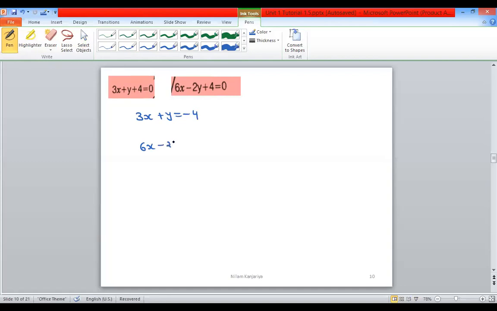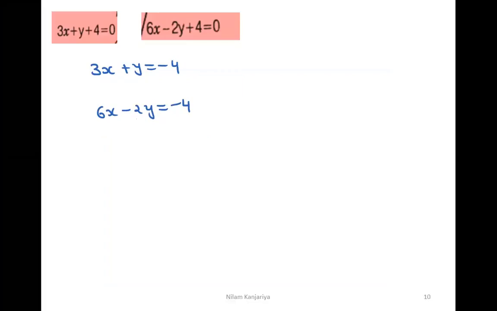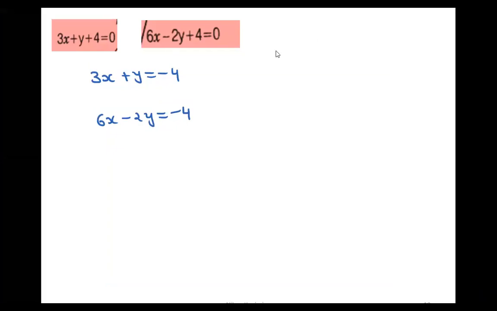Here the shortcut method is very useful. If you want to take more values of x and y, you are free. But if you take any two, x is 0, y is 0, you get the two lines and tell me the answer. And then we compare our answer with the original graph.